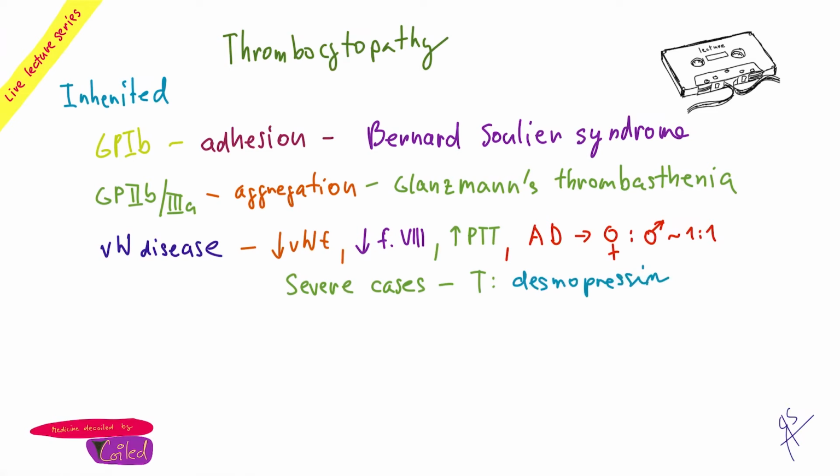But in case you want to help someone to boost up their von Willebrand, you can give one dose of desmopressin. It squeezes the endothelial cells and you're going to have a peak of von Willebrand. You can do it once, twice, but then you have to stop for a few days because the storages are out, and endothelial cells need some time to produce it again.